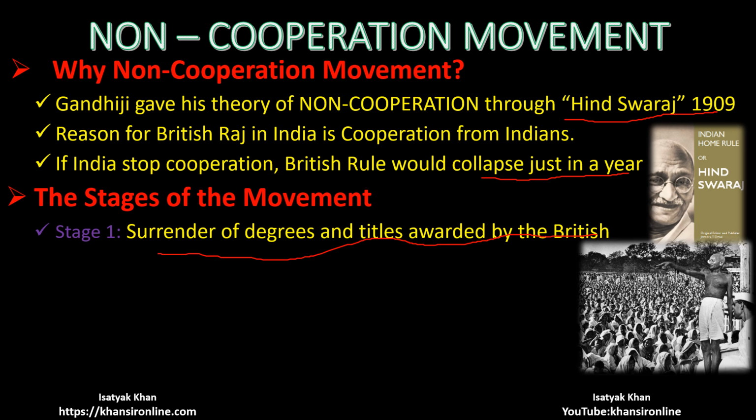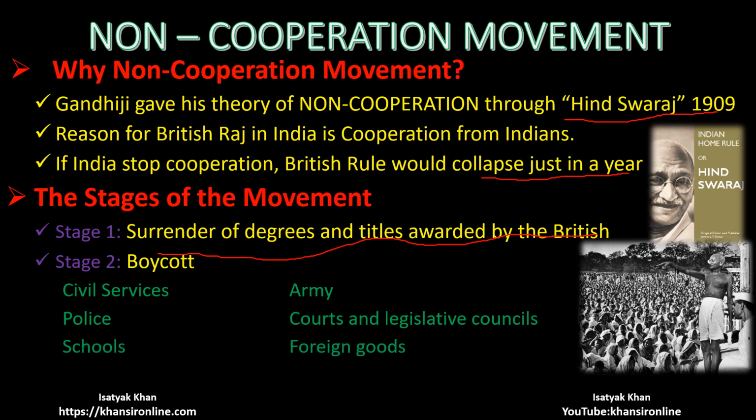That will create curiosity and willingness to know what was happening, and when the people learn that it is a part of a struggle against the British, common people will also be ready to participate. And whenever people are ready to participate, the second stage, which common people would do, will unfold.